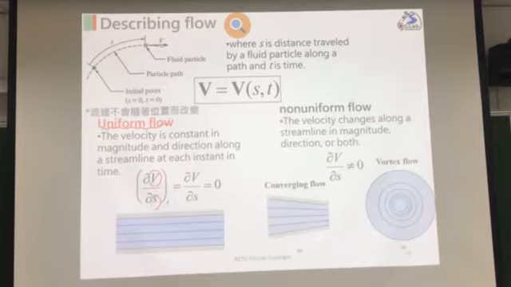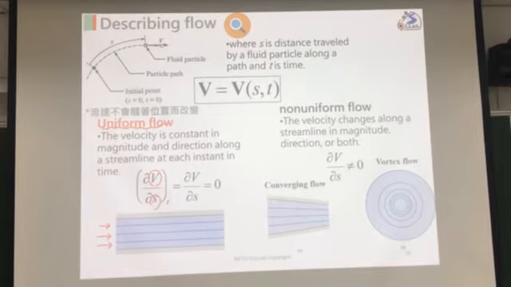In that case the differential of v with respect to space is equal to 0. If non-zero, we call it non-uniform flow.